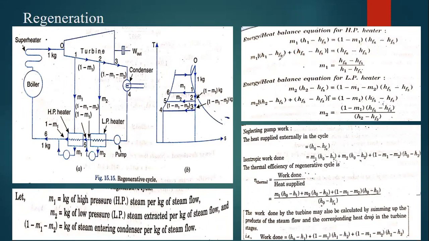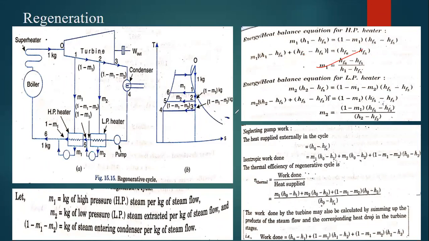Finally, we are left with H1 minus H5. Now this H1 minus H5 is taken to the right hand side. Here it is multiplication, so it will become the denominator. So it will become HF6 minus HF5 by H1 minus HF5. In that way, we are going to find out M1.